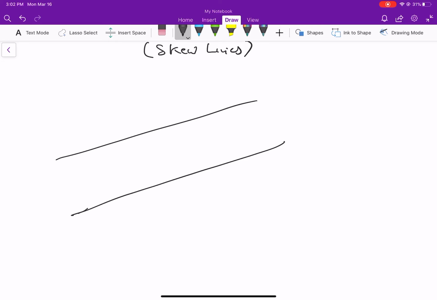Well, the first line, let's say it's called R1, is equal to A1 plus lambda B1. B1 would obviously be the direction vector for that first line.